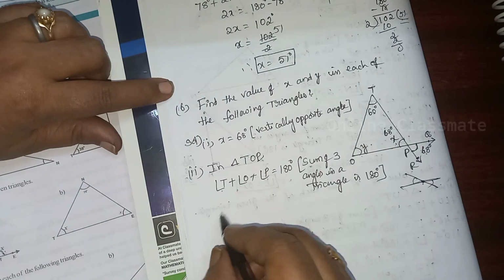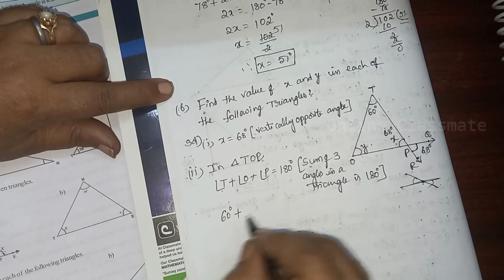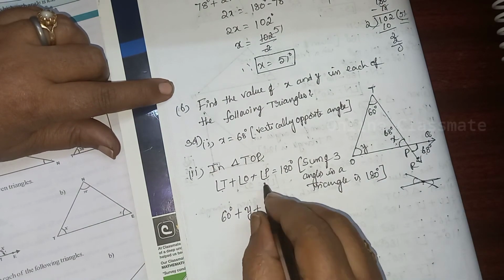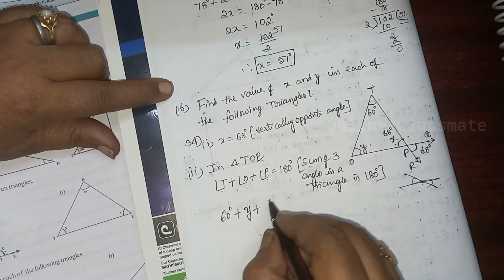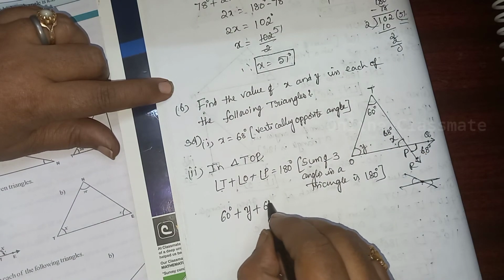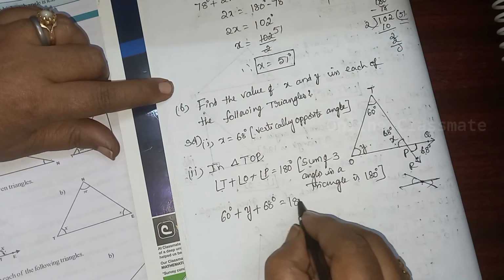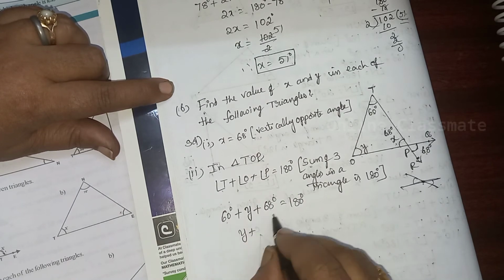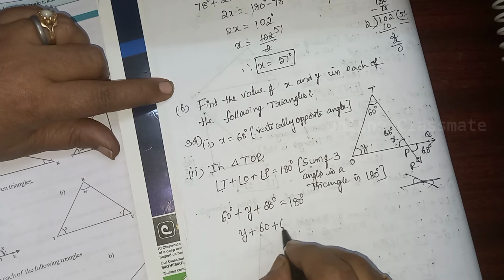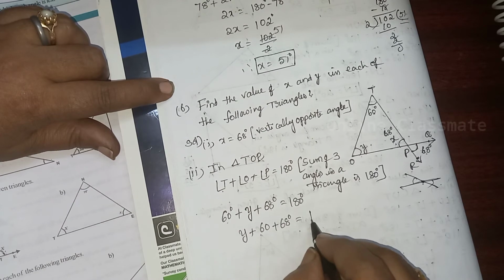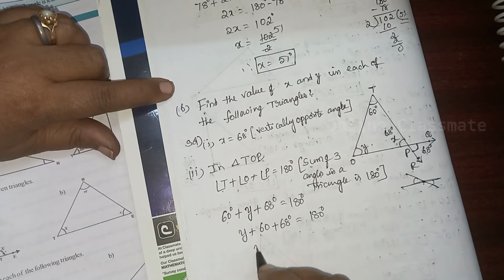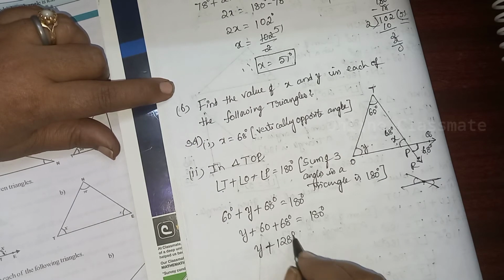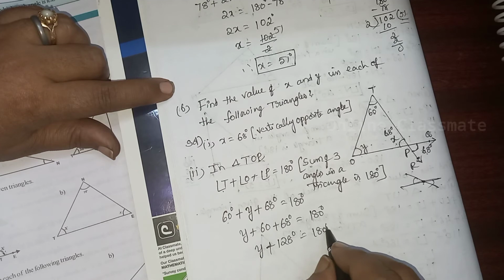What is the T value? 60 degrees. O value y. P value x. X means 68 degrees. Is equal to 180 degrees. y plus 60 plus 68 is equal to 180 degrees. y plus 128 degrees is equal to 180.